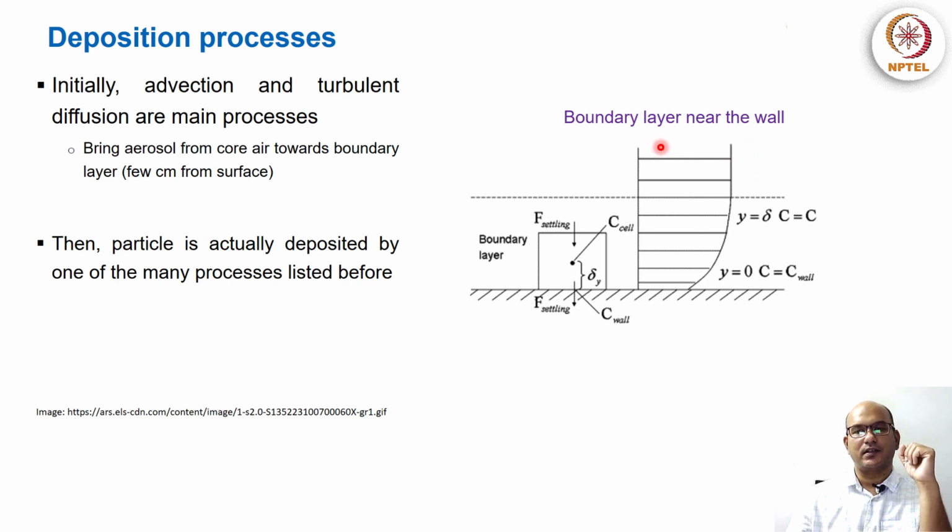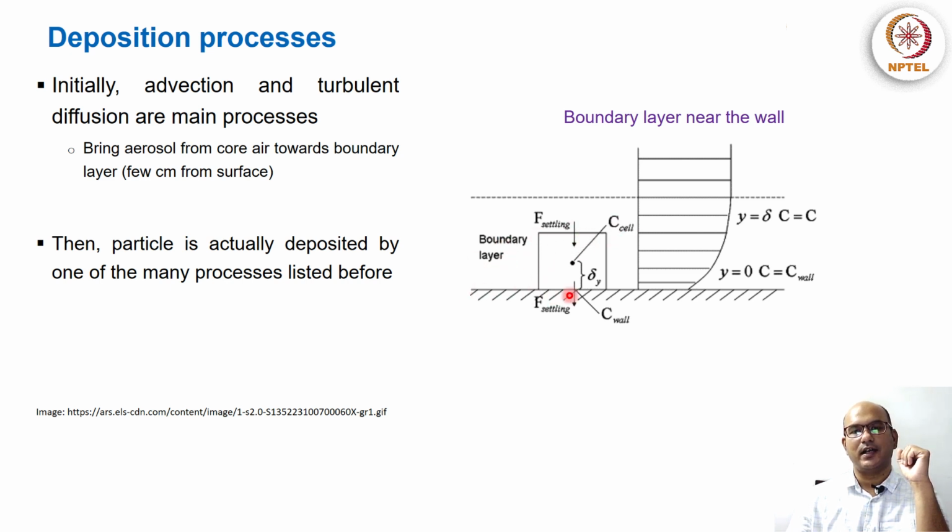A particle in this region has to deposit to the wall. Initially advection and turbulent diffusion are the main processes. This will bring the aerosol closer to the wall, somewhere around this region. Now it's like a flux, a settling flux. We are in this region where we have this small boundary layer.